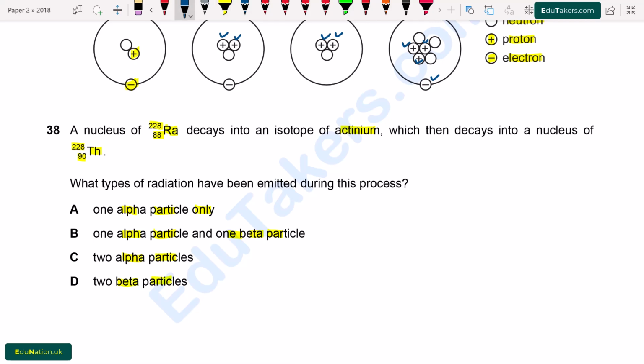So first of all, the alpha particle is just like a helium nucleus with atomic number 2 and mass number 4. When there is the emission of an alpha particle, the atomic number decreases by 2 while the mass number decreases by 4.